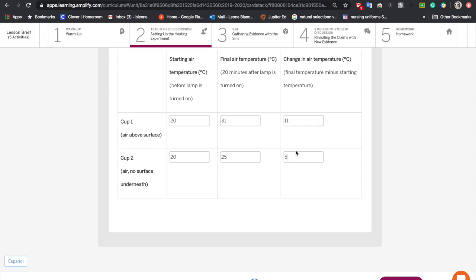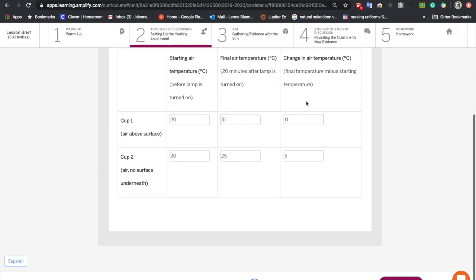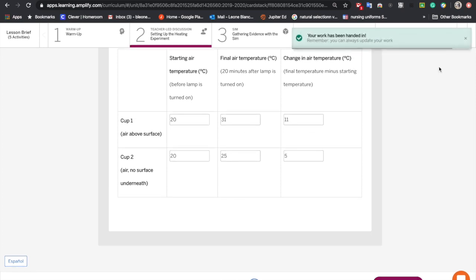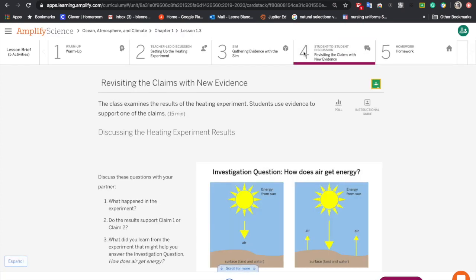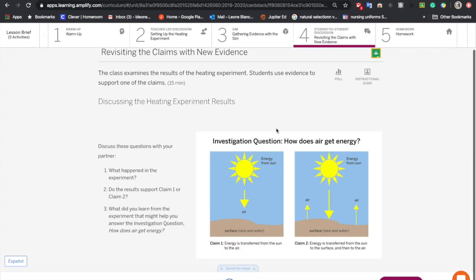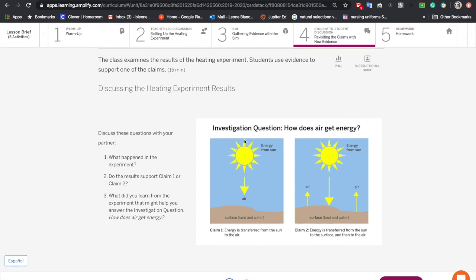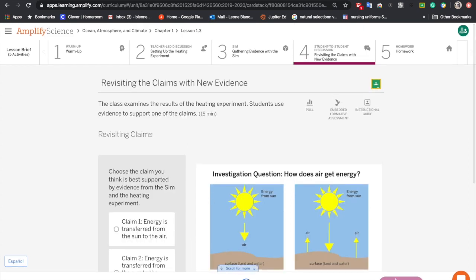But I predicted if I left it on, it would probably stay around 25 degrees. So with a surface, it increased 11 points. Now I'm going to click hand in and go back to here, revisiting claims, number 4. So click on 4 and click next.